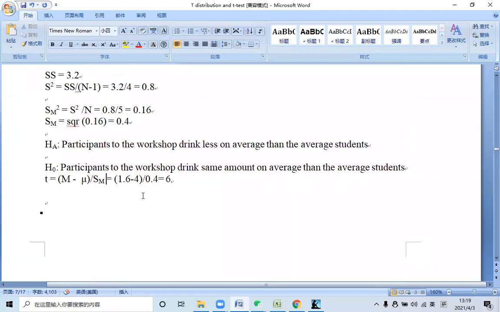So we do reject the null hypothesis. We have sufficient evidence to show that the workshops work. The workshops effectively reduce the number of beers students drink.